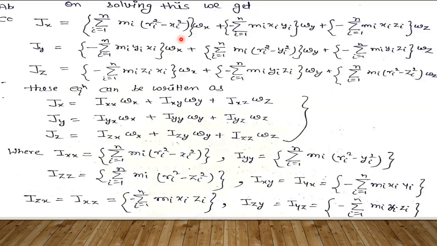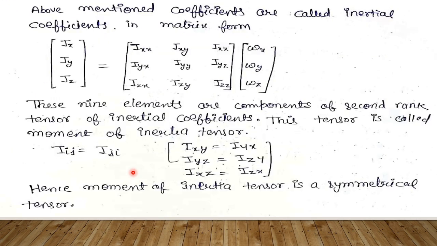These are all 9 coefficients called inertial coefficients, and in matrix form we can write Jx, Jy, Jz with omega x, omega y, omega z and these 9 inertial coefficients. These 9 elements are components of a second rank tensor of inertial coefficients.